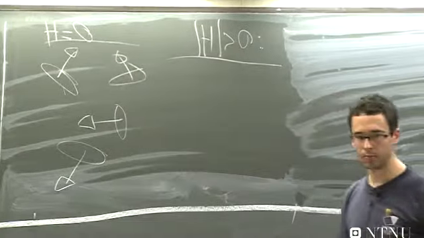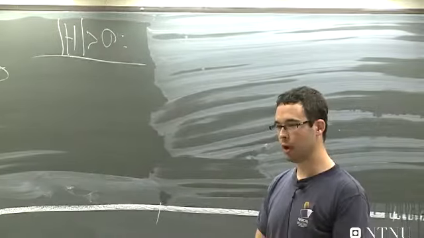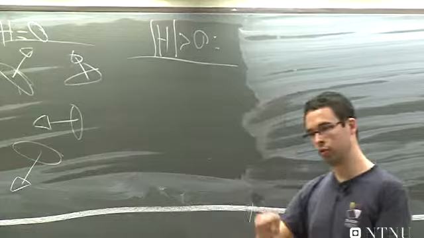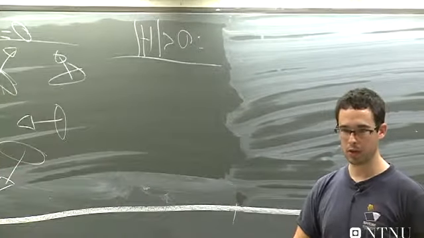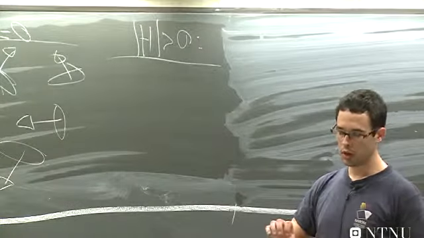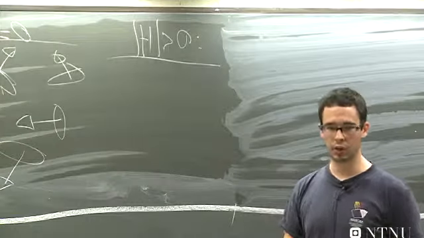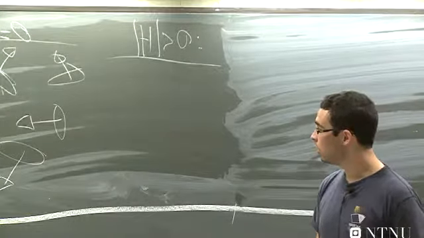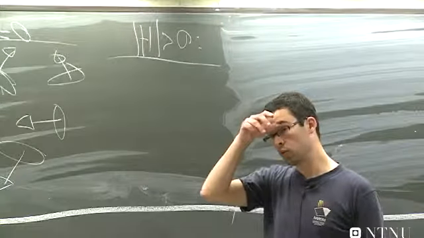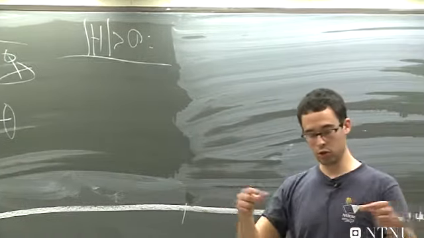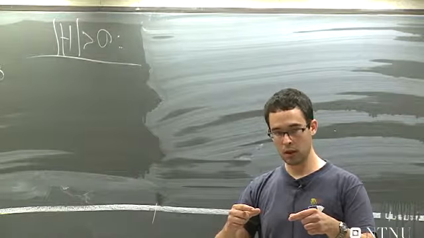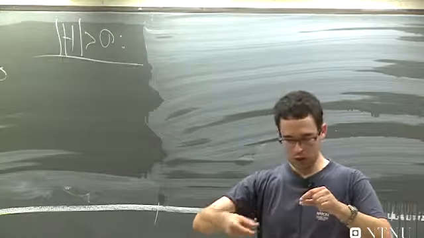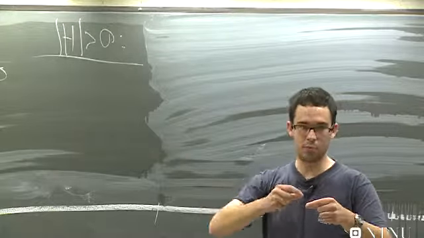However, if I apply a magnetic field to all these little dipoles, they're going to feel a torque, exactly as we saw the electric dipoles feel a torque in an electric field. The same way the magnetic dipoles feel a torque in a magnetic field. For example, you can hold just two permanent magnets near each other, and you'll see that if you try to align them the other way, they'll try to get back, so to speak.